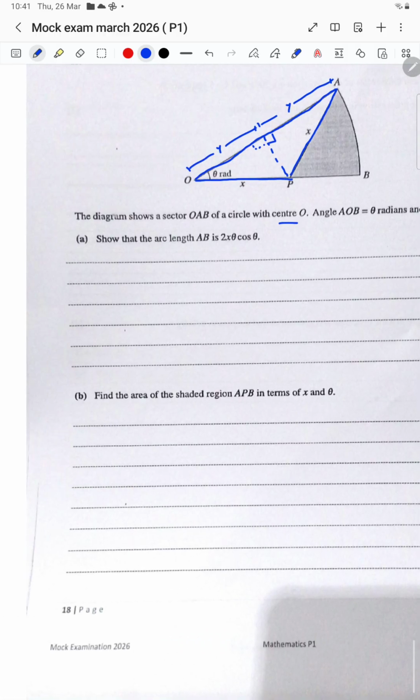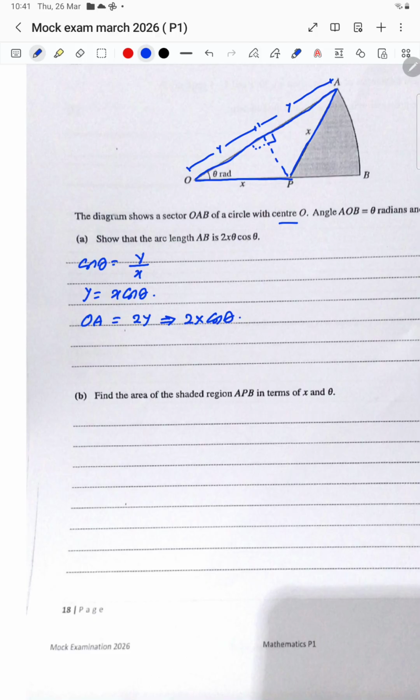So from here we can say cos of theta will be the base Y upon X, so Y equal to X cos of theta. So OA becomes 2 times Y, because Y plus Y, 2 times Y, this is 2x cos of theta.